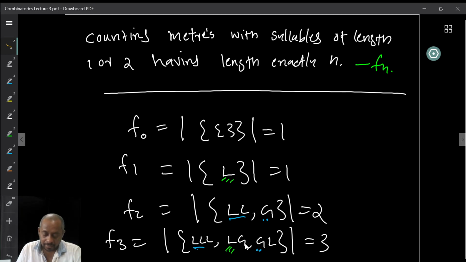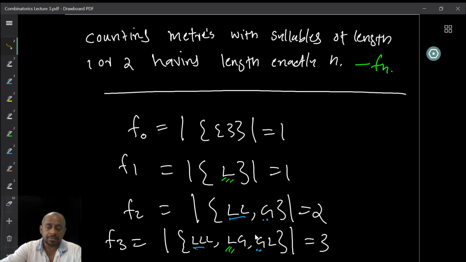If the ending is a G, the previous part was of length 1, one of the things in F1, which is just precisely L. And if it ended in a laghu, the rest could be any of the meters in F2, which is LL or G.